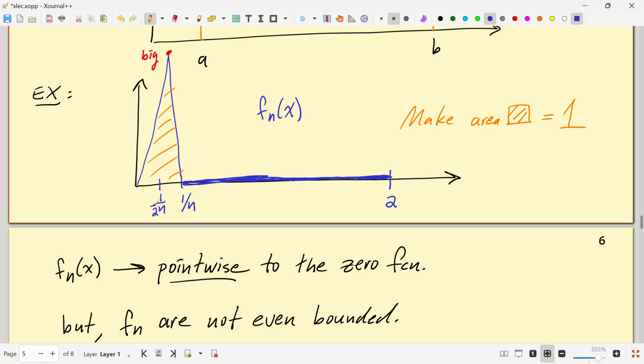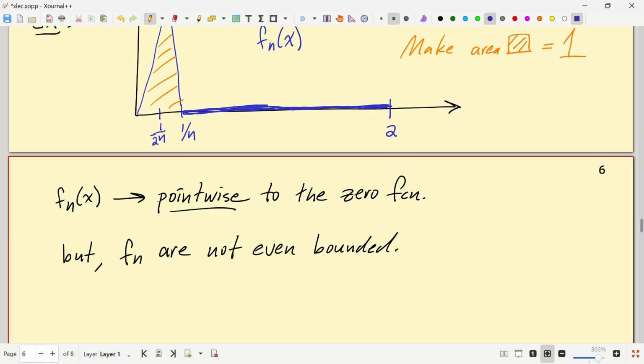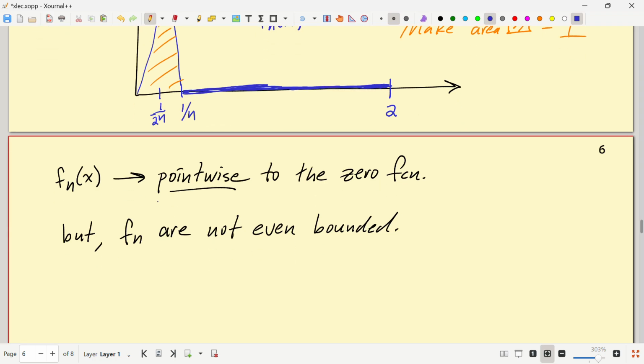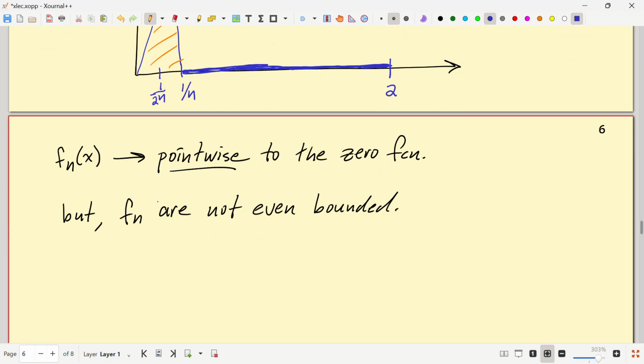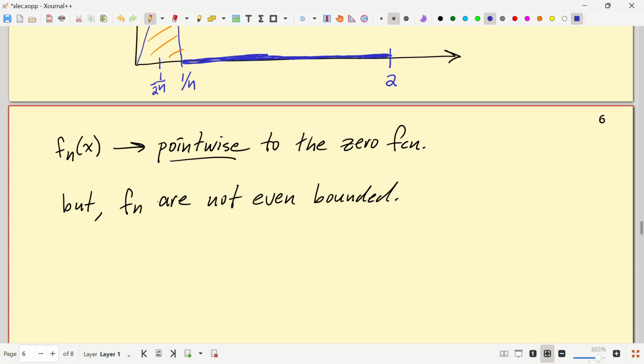I make it big enough that I can make that area be 1. So the fn, of course, are getting bigger and bigger. They're not even uniformly bounded. And I can set it up so that those integrals don't go to 0. The integrals from 0 to 2, while the functions go to 0 pointwise, do not tend to 0.